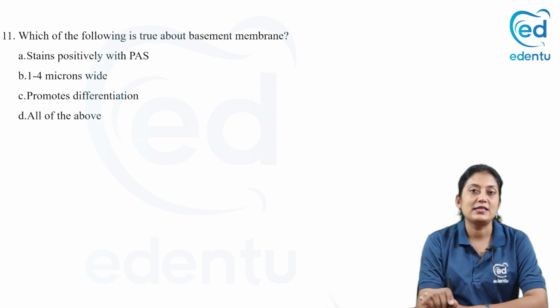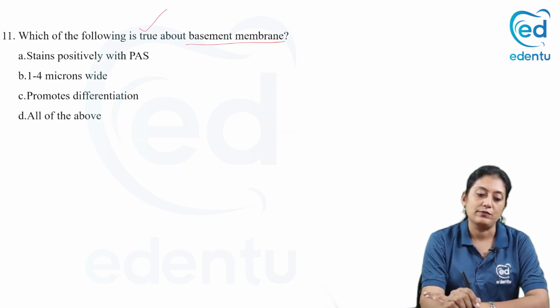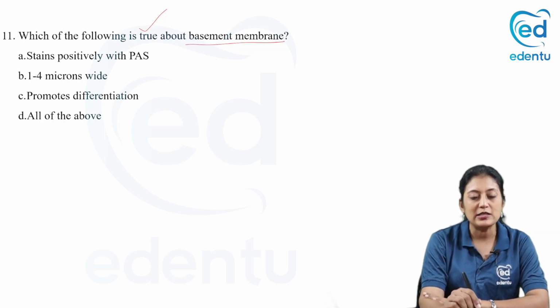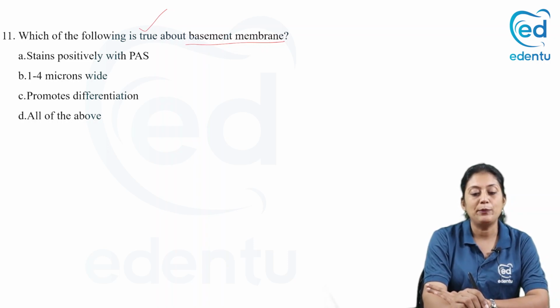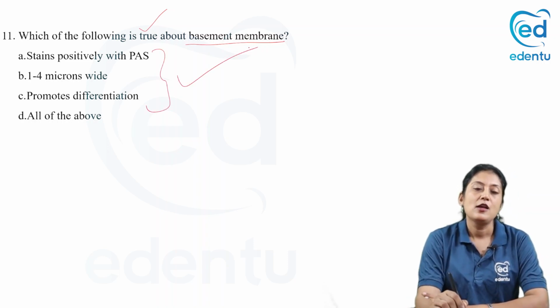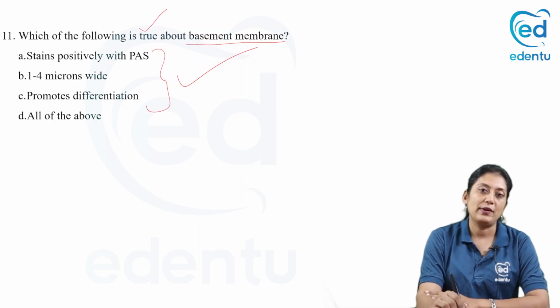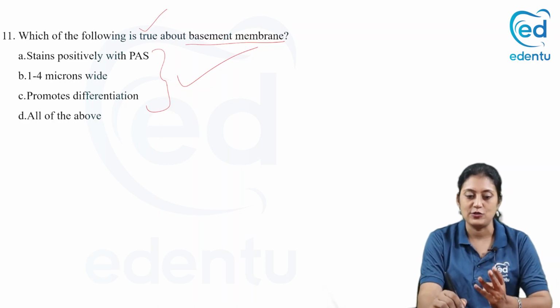So, the 11th question is, which of the following is true about basement membrane? So, it stains positively with periodic acid Schiff. It is 1 to 4 microns wide. It promotes differentiation. All of the above. Yes, all are correct. So, what you need to know about basement membrane is, it is a structure that is separating the surface epithelium from the underlying connective tissue.